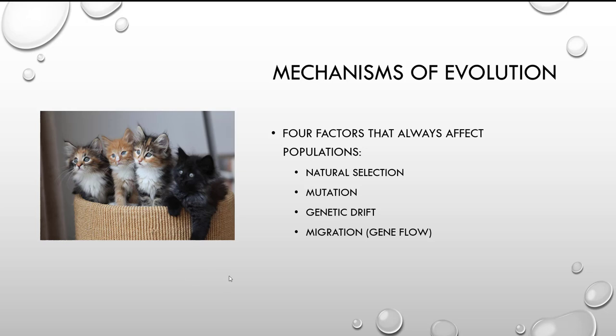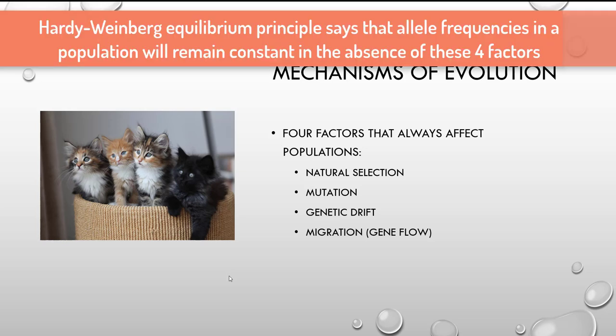So here are the 4 factors that always affect populations. Remember with the Hardy-Weinberg equilibrium, we have to assume that these are constant, that these don't exist basically, for it to apply. But these do exist in populations. They always affect populations.